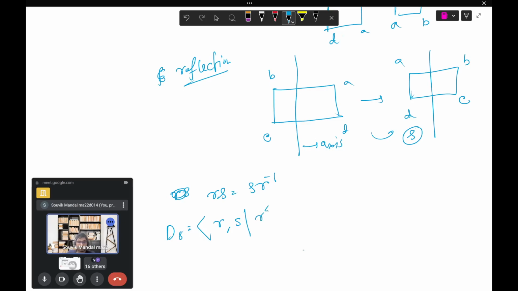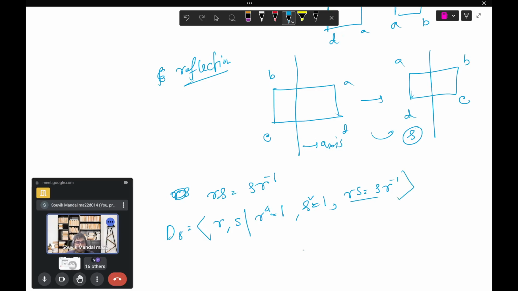So R to the power 4 is equal to 1. And if we do the same reflection 2 times, then we will get the same position. So S squared equals 1. And also there is one relation, which is RS equals SR inverse.